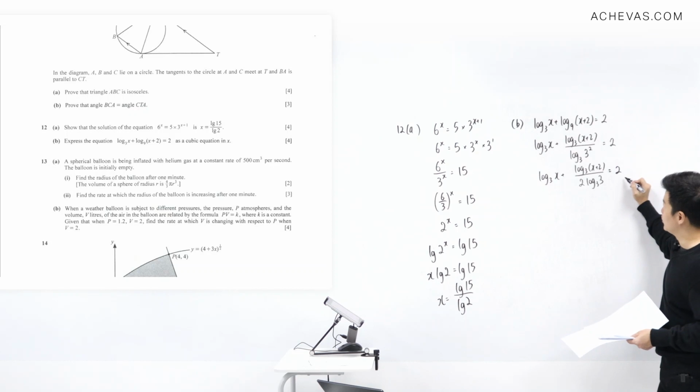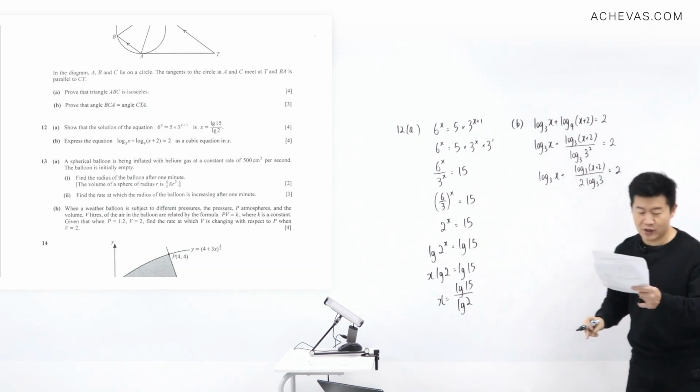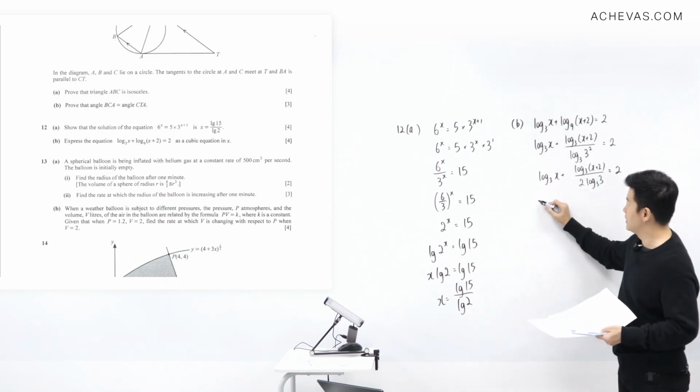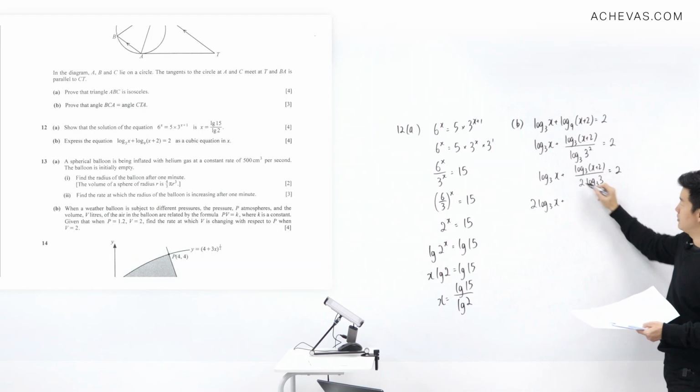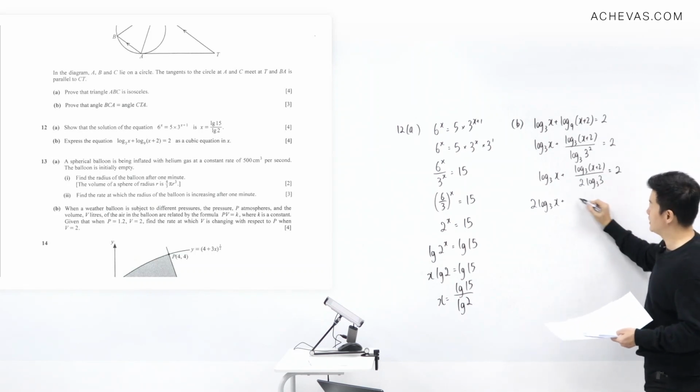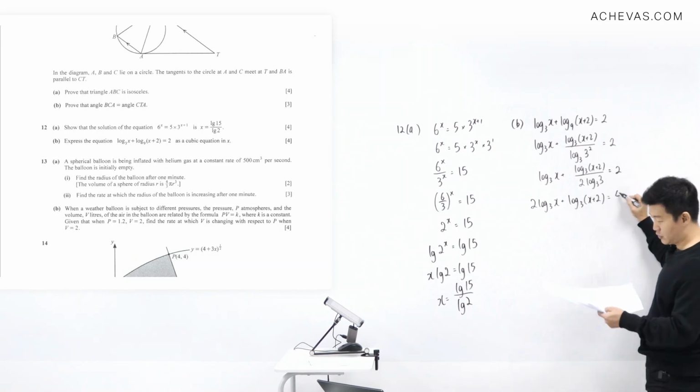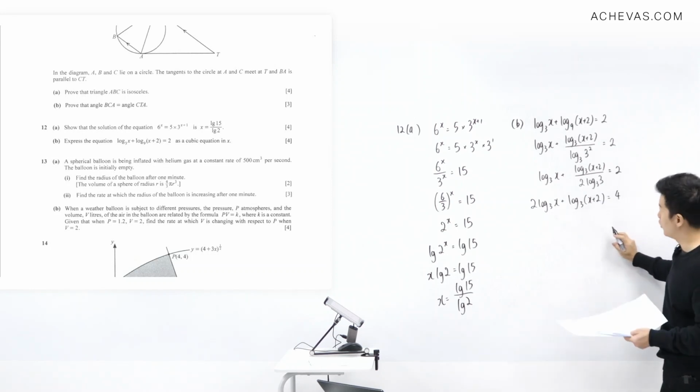This is going to be equal to 2. I'm going to multiply this throughout by 2, which will give me 2 log to the base 3 of x. Since this denominator is just going to be 2 times 1, multiplying it by 2, the 2 will disappear. So we have log to the base 3 of x plus 2. This is 2 times 2, so this is going to be equal to 4.